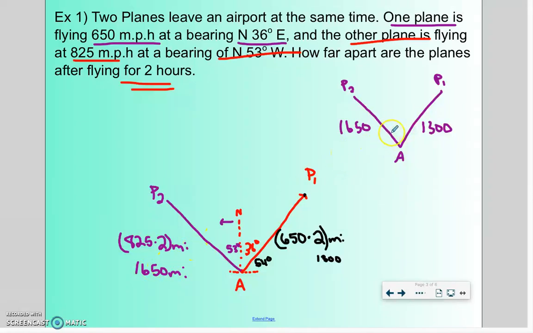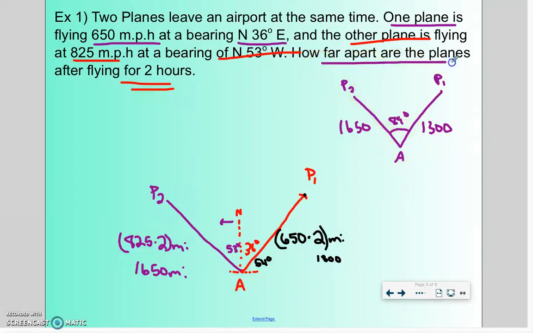And the key thing is that this whole angle, ignoring the crosshairs, is equivalent to 53 plus 36, so 89 degrees. So that angle between plane 1, the airport, and plane 2 is 89 degrees.